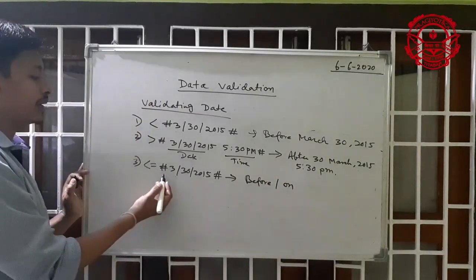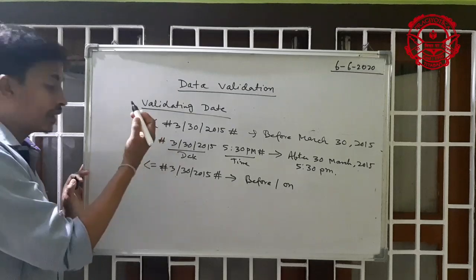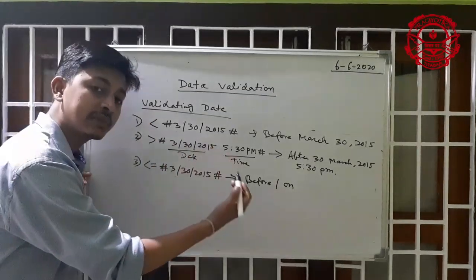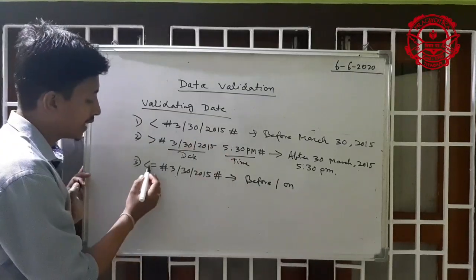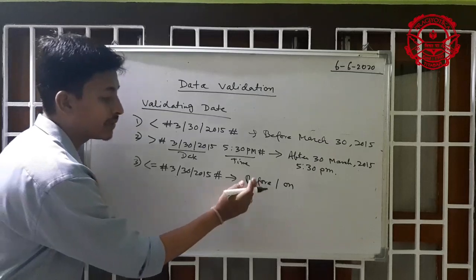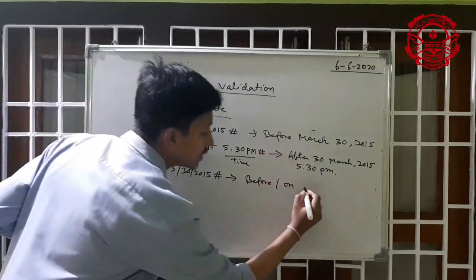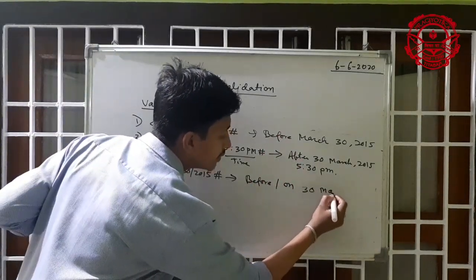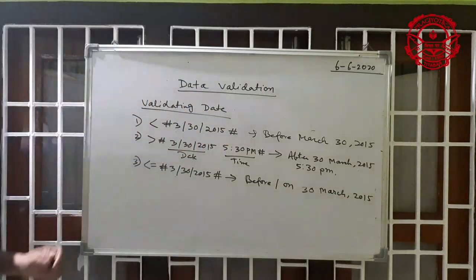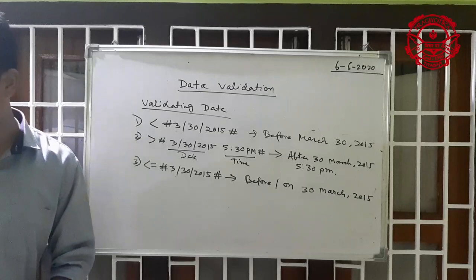It should be before 30 March, but 30 March also counts because less than or equal to is given here. So that's why it is before or on 30 March 2015. Okay, so this is the answer.